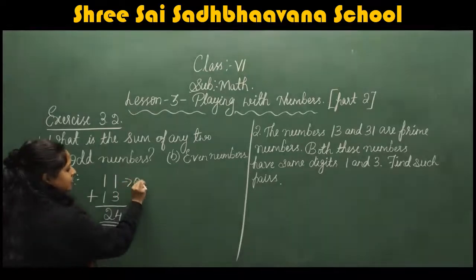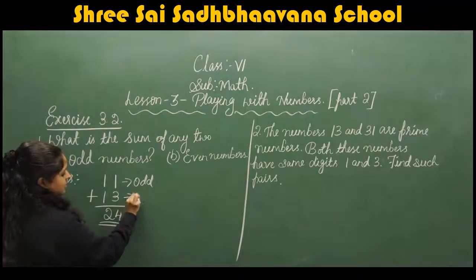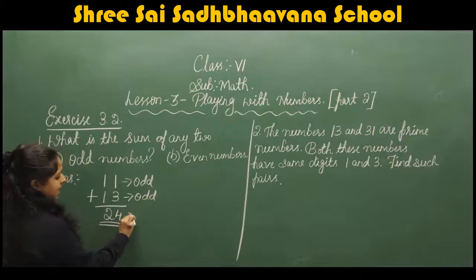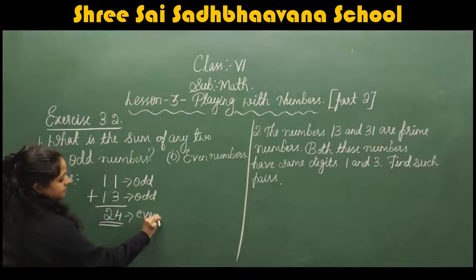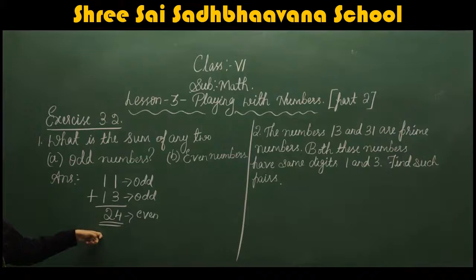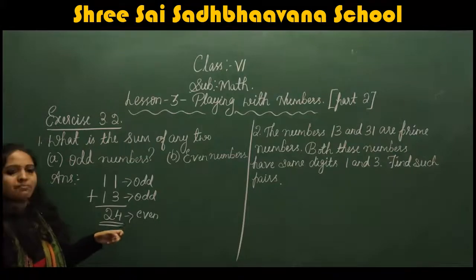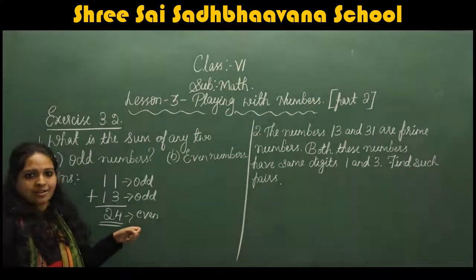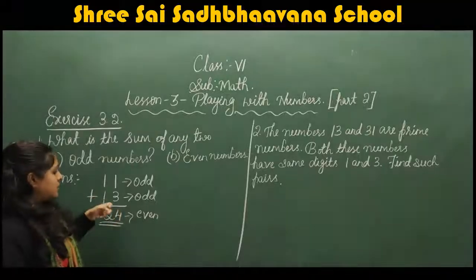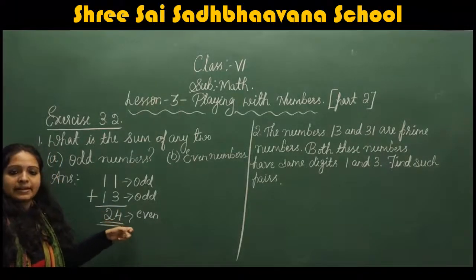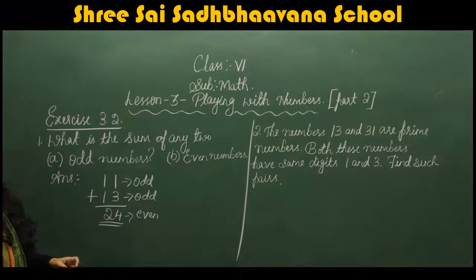This is odd, this is also odd, but the answer is even. You already studied what odd numbers and even numbers are. So 4 is nothing but an even number. So the answer is even.